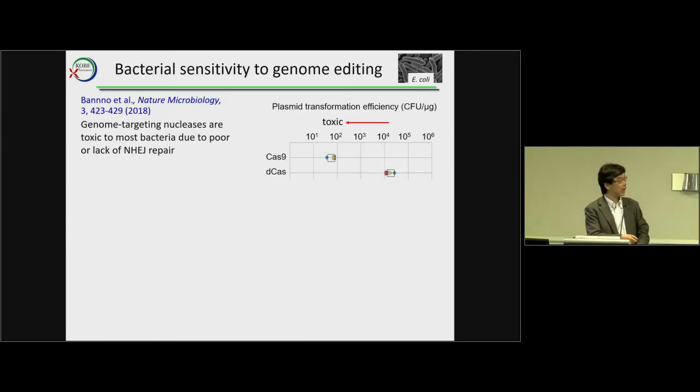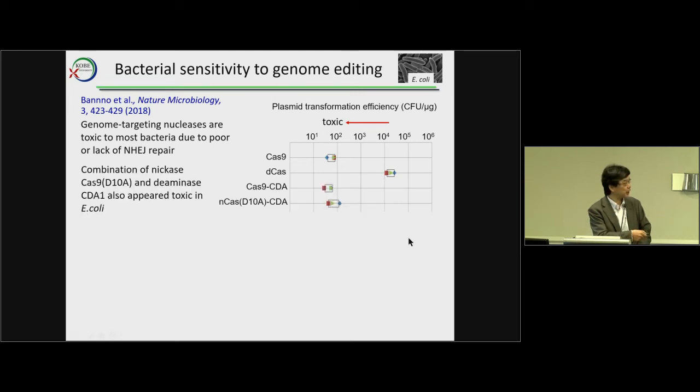I would like to add one more case. This is genome editing of bacteria, like E. coli. Depending on the live system, this dead Cas9 is okay, but this Cas9 is the most effective Cas9 case. This is the CFU per microgram of the systems.